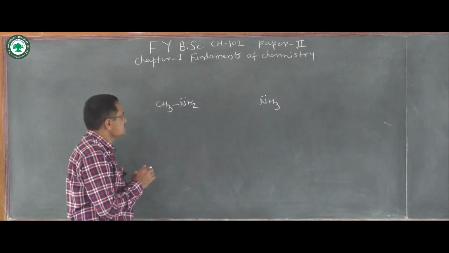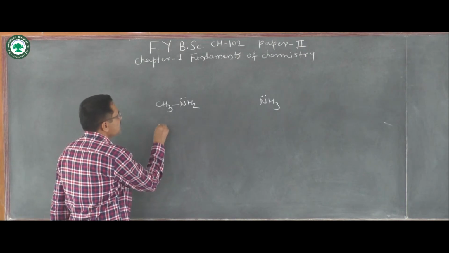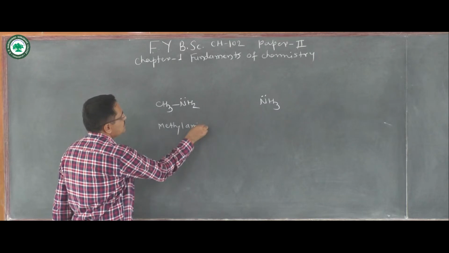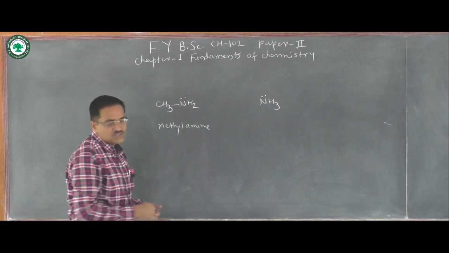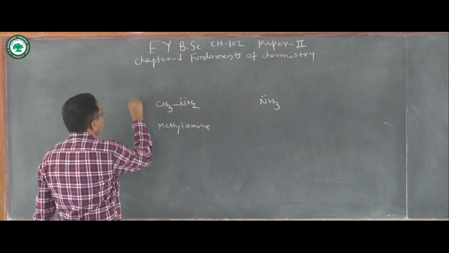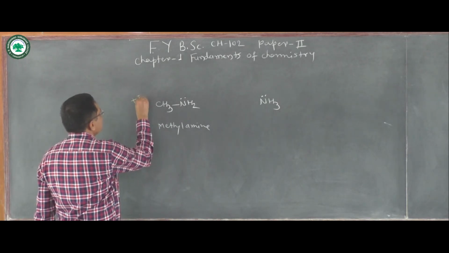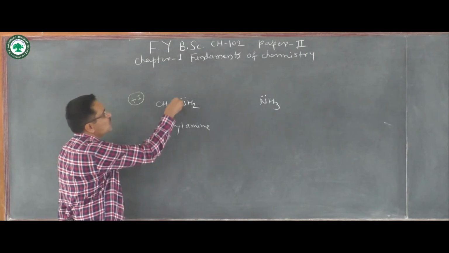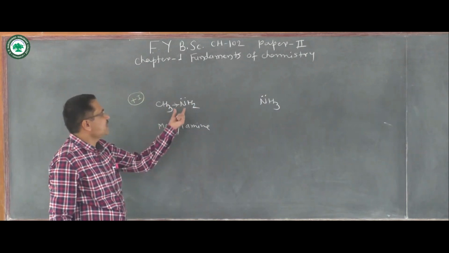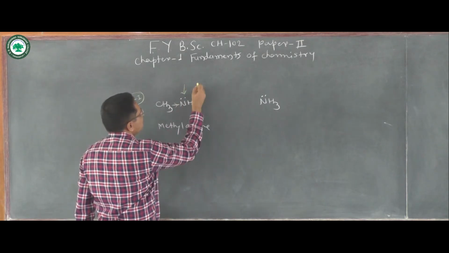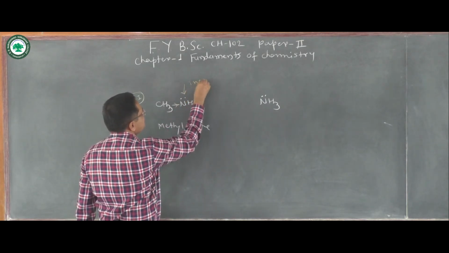Now in this case, this methylamine, here the CH3 group is a plus I group, and it donates electrons to the nitrogen, and the electron density on this NH2 group is increased.